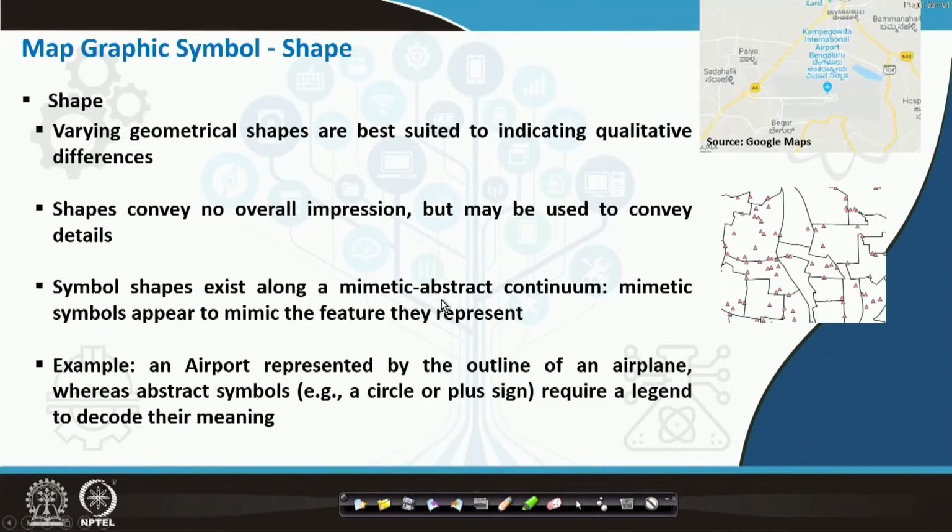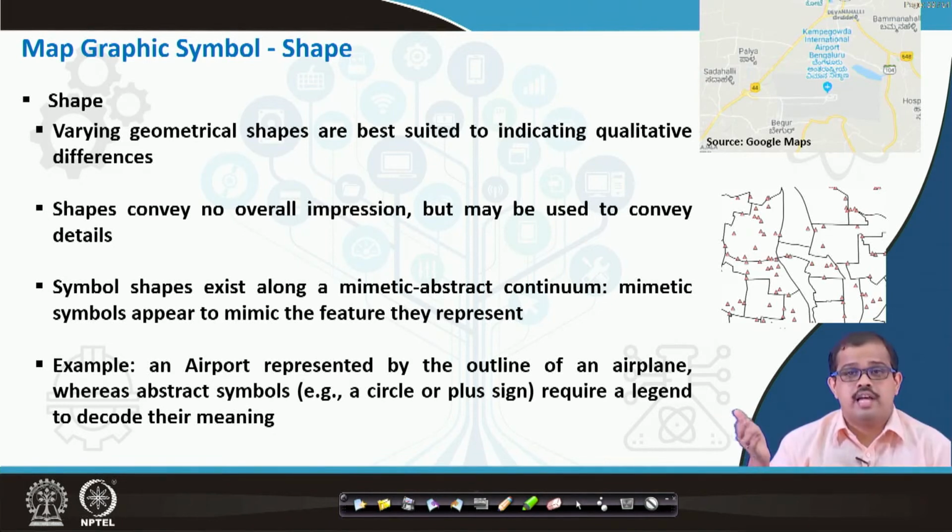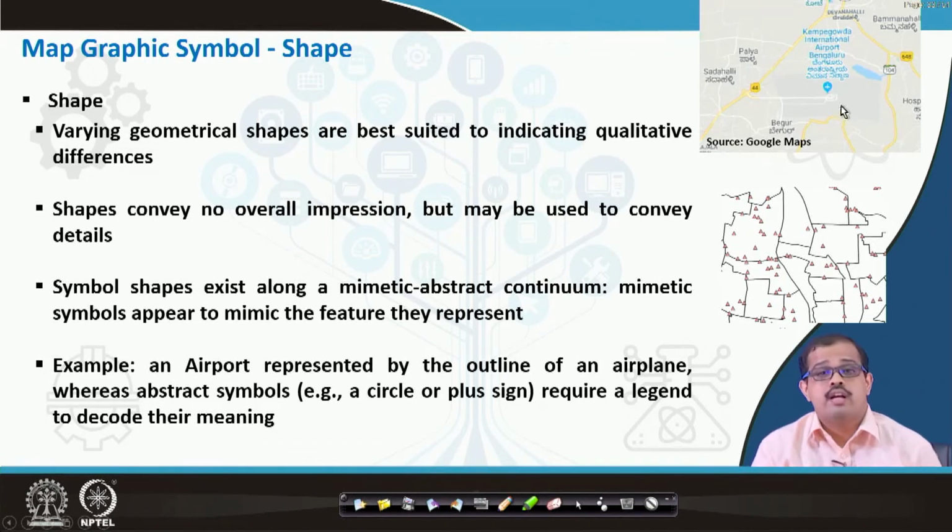Map graphic symbols can also be represented as a shape. Varying geometrical shapes are best suited for indicating qualitative differences in the images. Shapes convey no overall impression, but may be used to convey details. A good example is an airport.